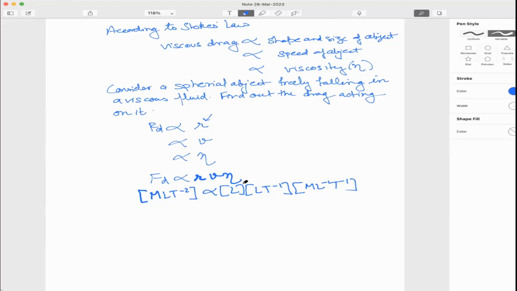We don't know the powers, so let's put them as alpha, beta, gamma. We need to calculate alpha, beta, gamma.